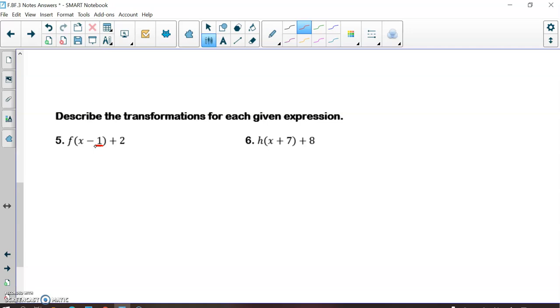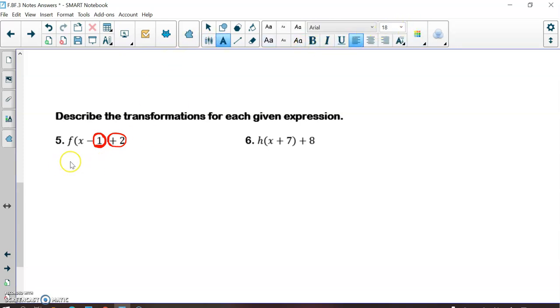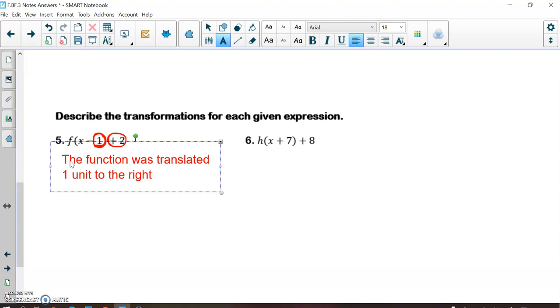But in reality, horizontal translations are in terms of minus, so it's actually the opposite of what it looks like. So 1 to the right, and then the vertical translations are exactly what it looks like. We do include the operation on the vertical translations. That would be 2 up. So we are going to say that the function was translated 1 unit to the right and 2 units up.